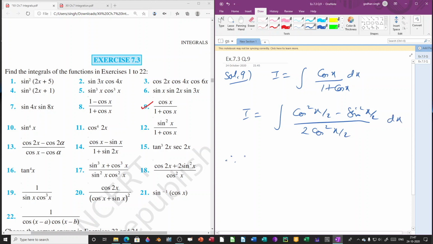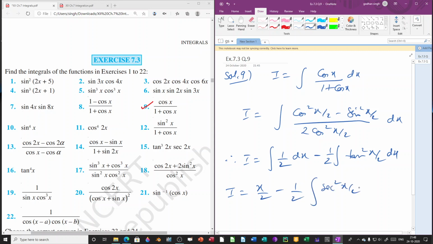Therefore I equal to, doing the separation, we will be getting here cos, this will become half dx minus, we'll be getting integration of half sin x by cos x, that is tan square x by 2 dx. So I equal to integration of half dx will be x by 2 minus half integration, we can write tan square x by 2 as sec square x by 2 minus 1 dx.